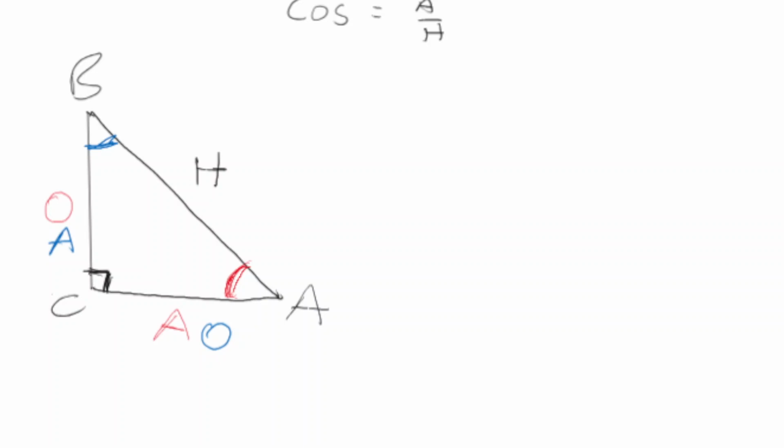So know the difference: hypotenuse always stays the same. Opposite and adjacent will depend on the angle in consideration.